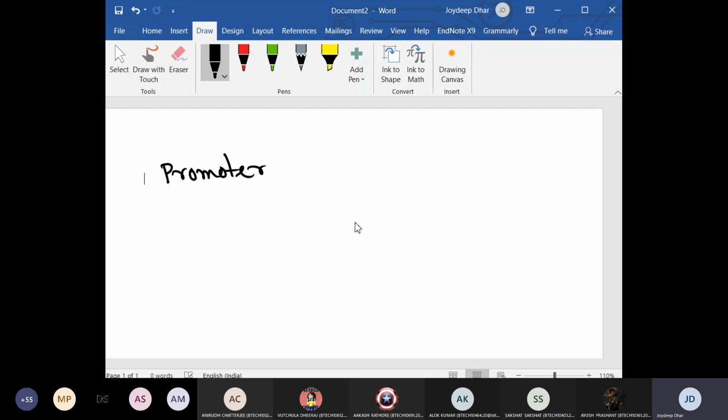Similarly, a promoter increases the activity of the catalyst. Similarly, in the negative sense, you have a catalyst poison. So what will a catalyst poison do?